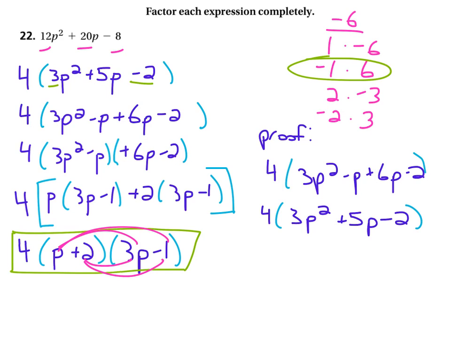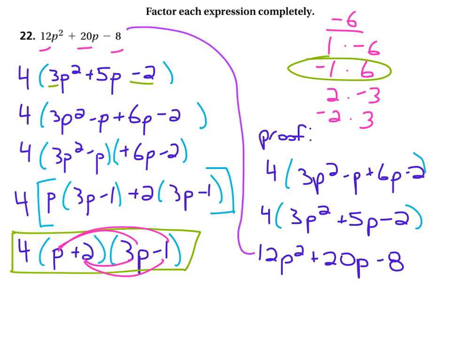And now, when we distribute that 4 back through to everything, we get 4 times 3p squared is 12p squared. 4 times 5p is 20p. And 4 times negative 2 is negative 8. And what you'll notice is that what we got there as a result is what we were originally given.